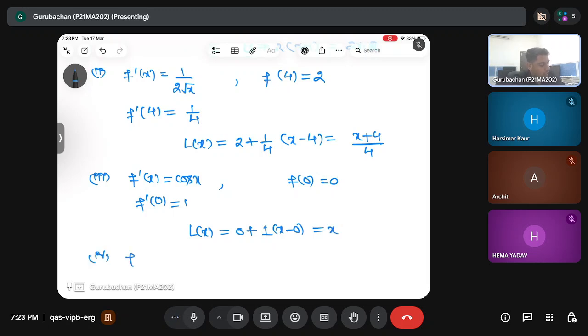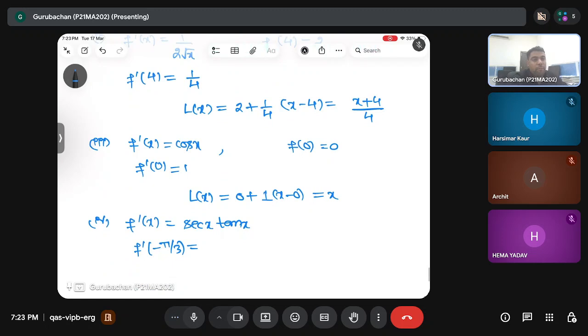And the last one, f'(x) of secant x is secant x tan x, and f' at minus pi by 3 will be 2 times, this will be a negative quantity, so tan of minus pi by 3 is, I guess, 1 by root 3?